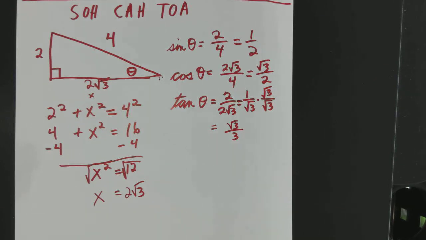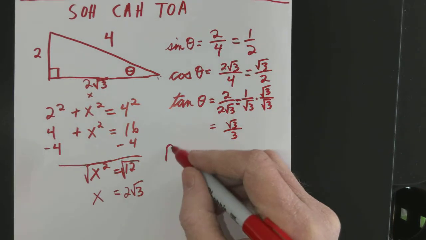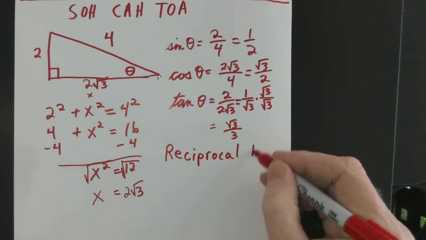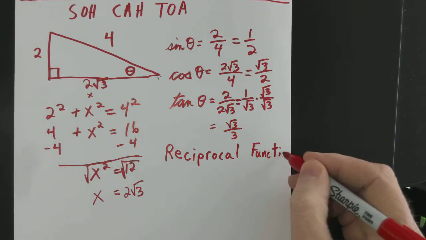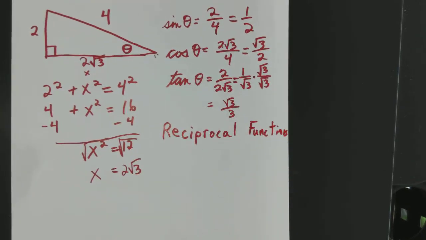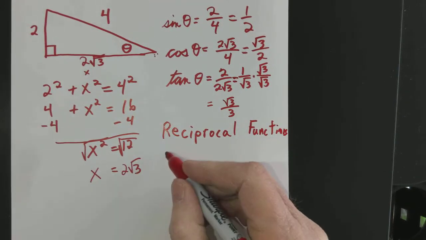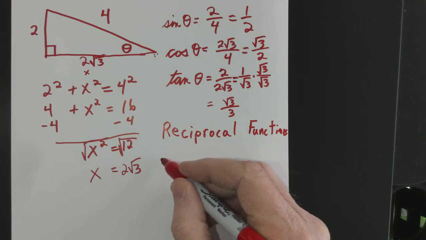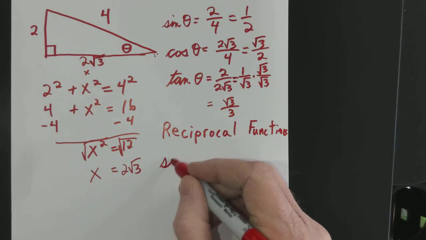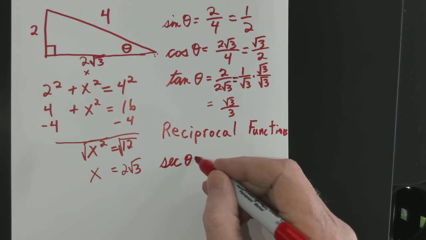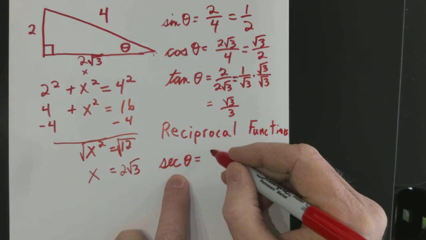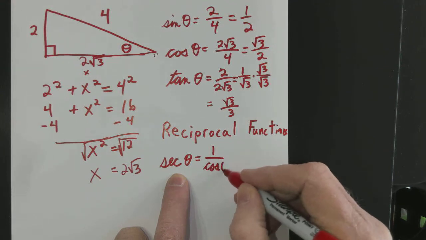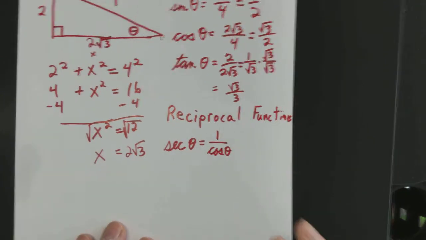Okay, we have 3 more functions. These are called not inverse. It's different. These are called reciprocal functions. Okay, reciprocal functions. And they are secant of theta. That is equal to the reciprocal of cosine theta.